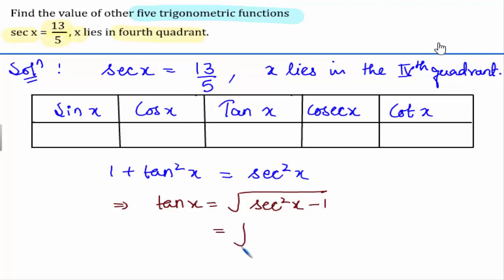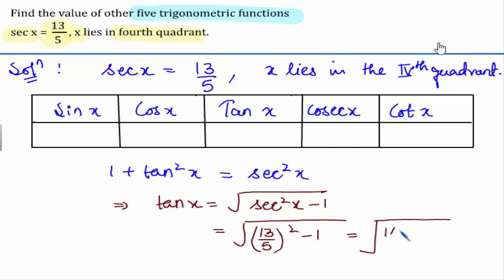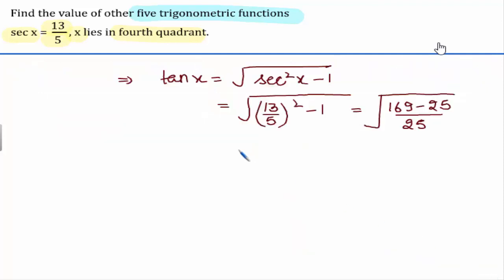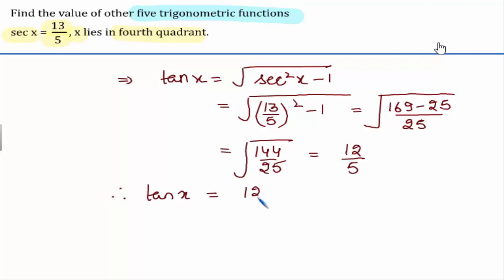So this is equal to square root of (13 upon 5) whole square minus 1, which is equal to square root of (169 minus 25) divided by 25, which is equal to 144 divided by 25. So this is equal to 12 divided by 5. Therefore, tan x is equal to 12 divided by 5.